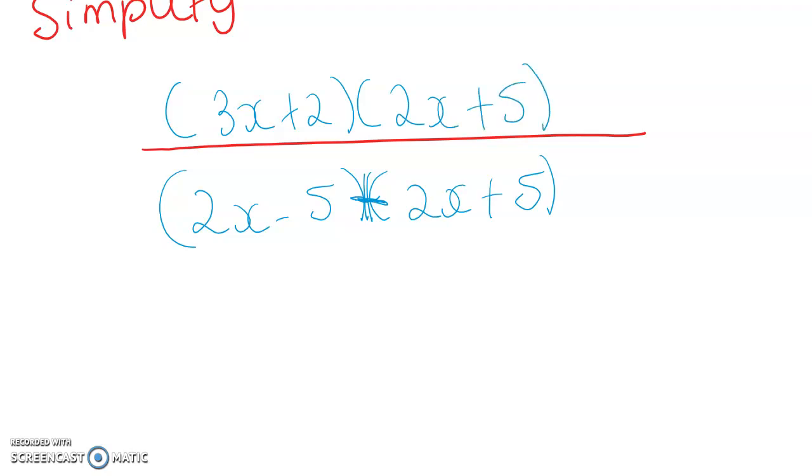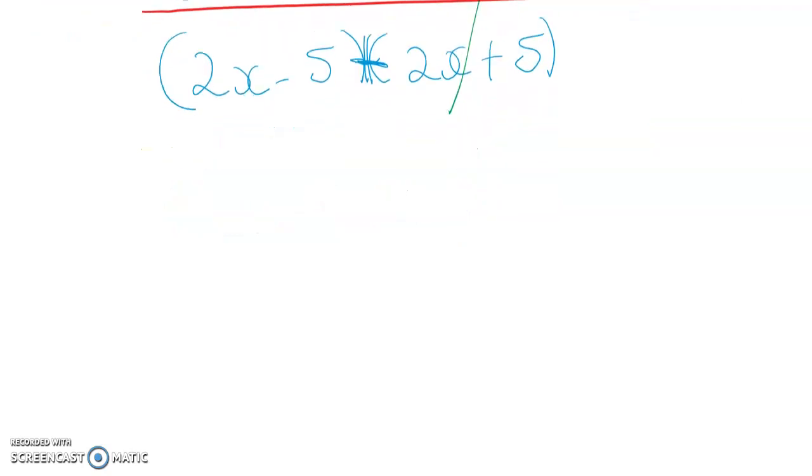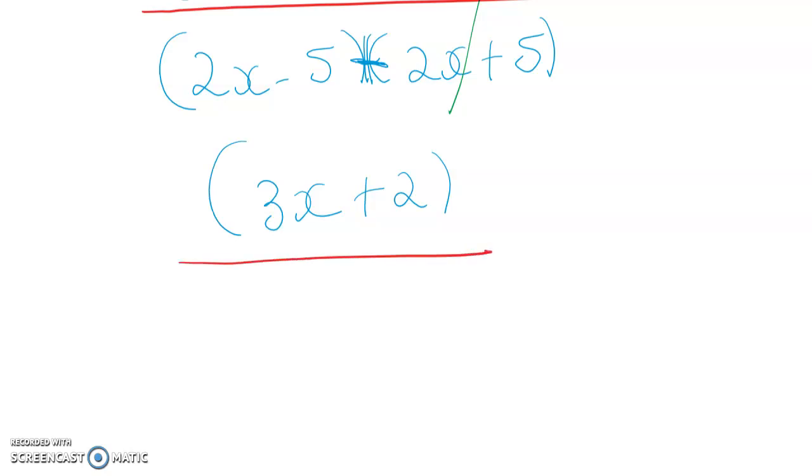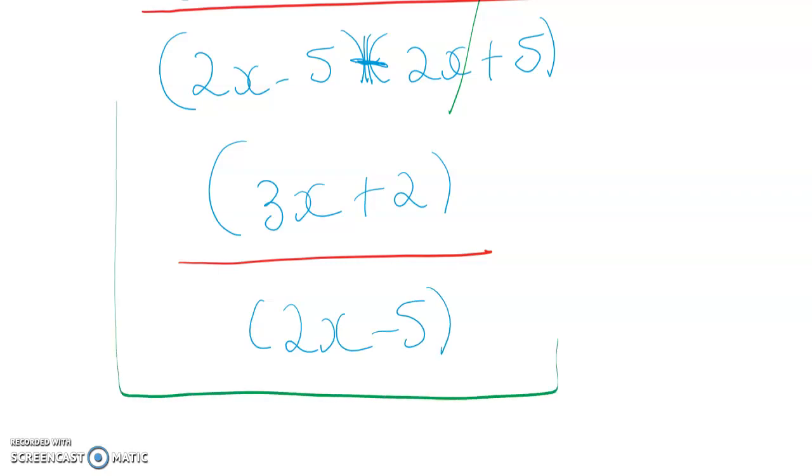Simplify means, can you break it down? Is there anything you can simplify? And there is, isn't there? We can cancel them. So what we're left with is your answer. You factorized and you simplified, and you can't break it down any more than that.